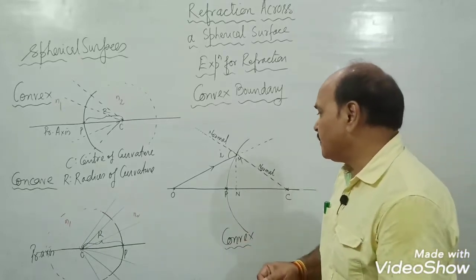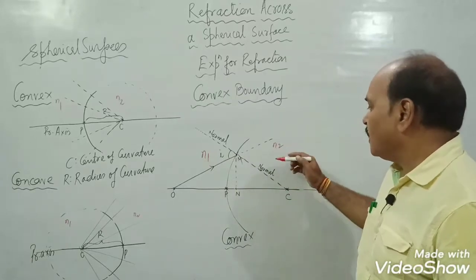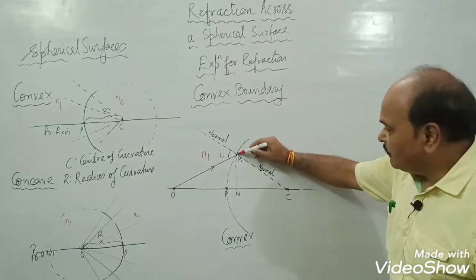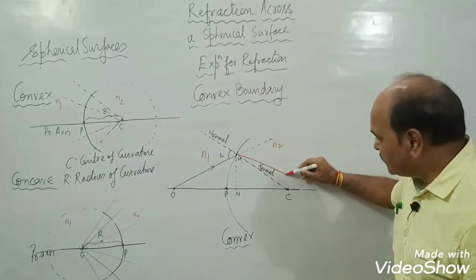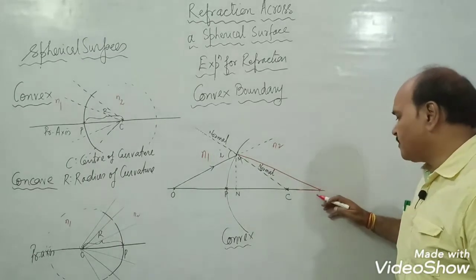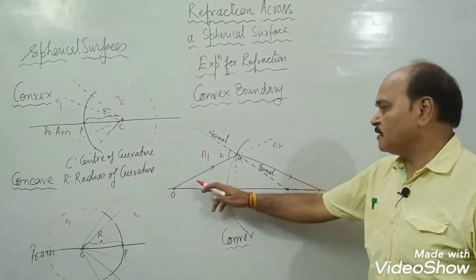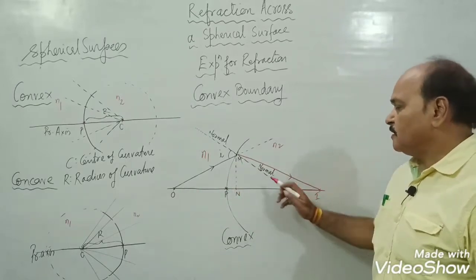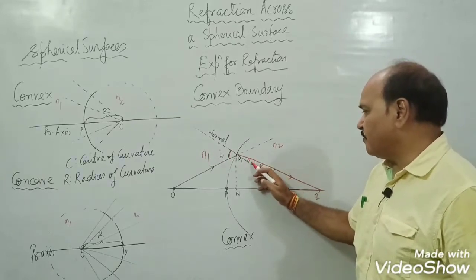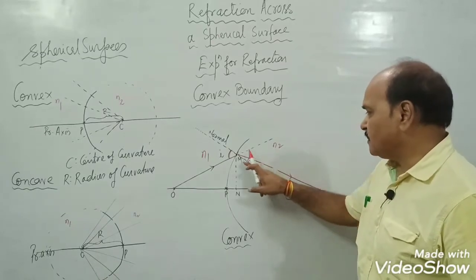This side the medium has refractive index N1, this side N2. Say it moves towards the normal, like this, and cuts the principal axis here. So this is the object, this is its image, this is the angle of incidence, and the angle which the refracted ray makes with the normal is the angle of refraction, R.